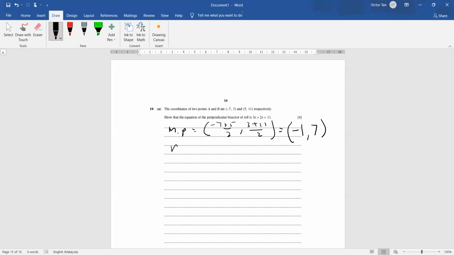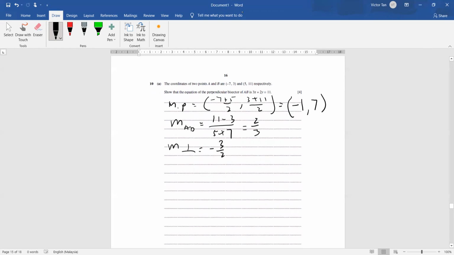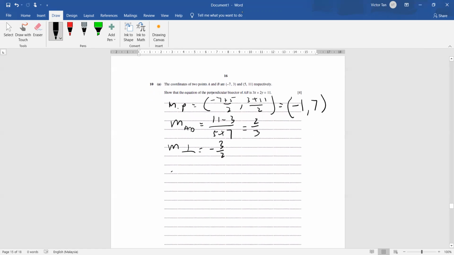Gradient of AB is 11 minus 3 over 5 plus 7, so it's 8 over 12, which is 2 over 3. Gradient of the perpendicular is minus 3 over 2. So the equation: y minus y1 equals m times x minus x1.